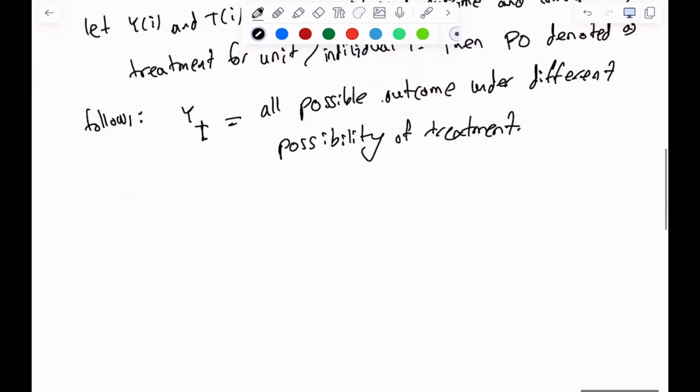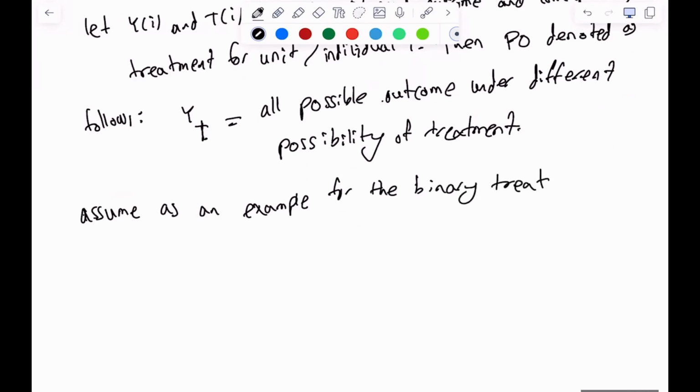How do we show that? Let's assume, as an example, a binary treatment. What does it mean?